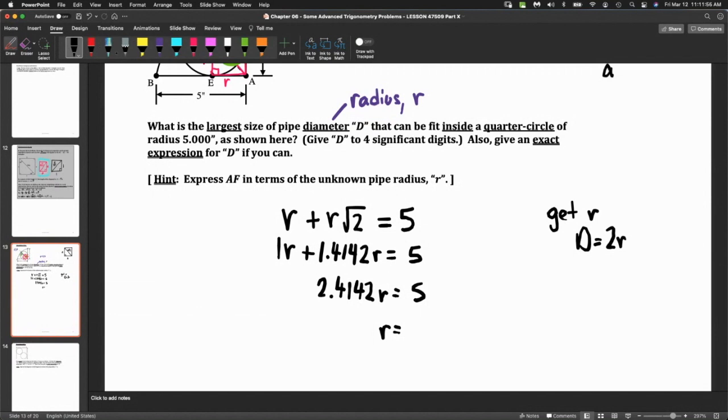I got 2.071. Thank you, Liban. 2.071. Units are inches here, and then the diameter, you just double it, right? So double that. I'm just doubling in my head right now. 4.142. Yeah, that's right.